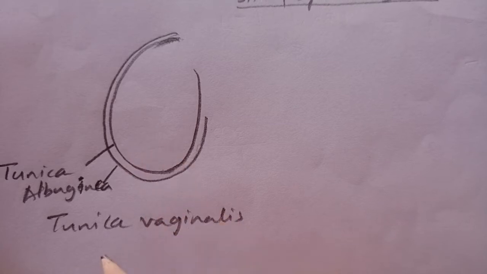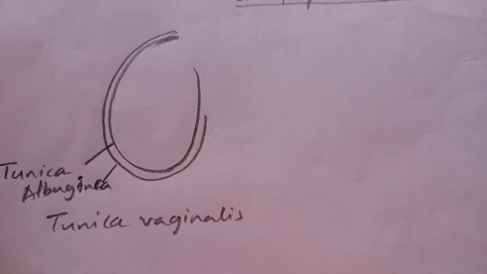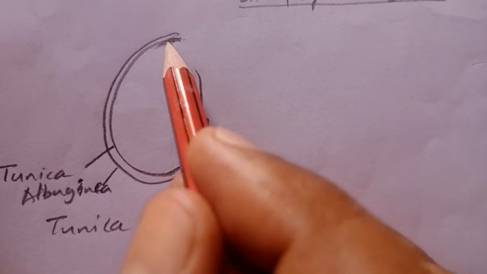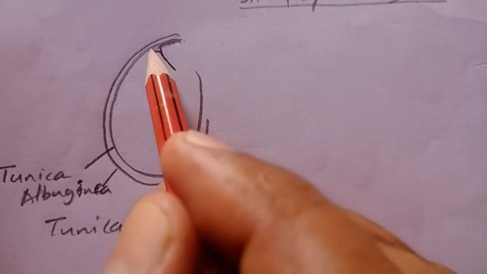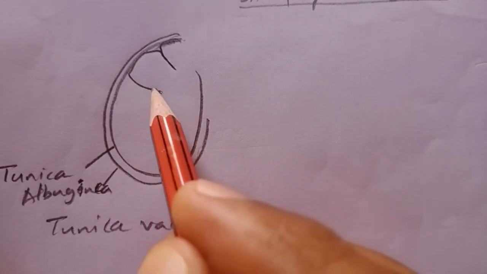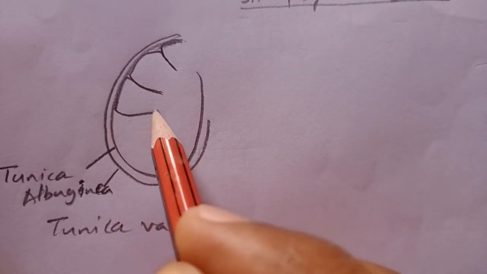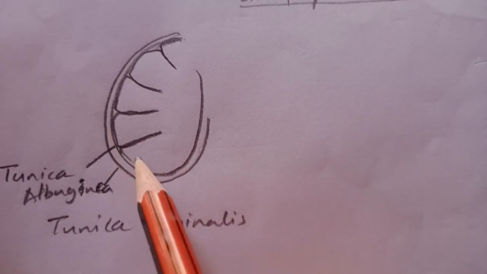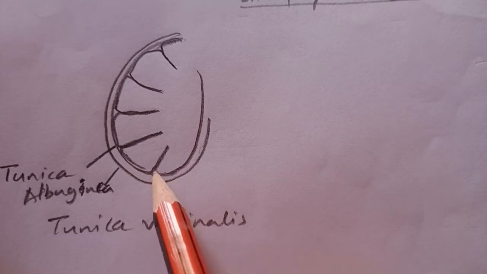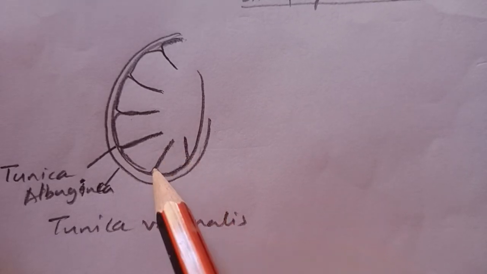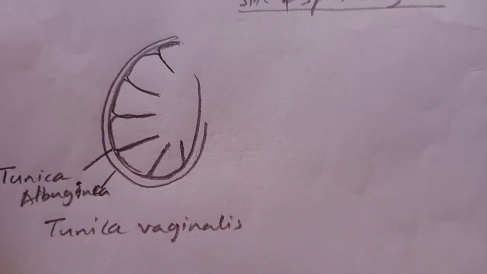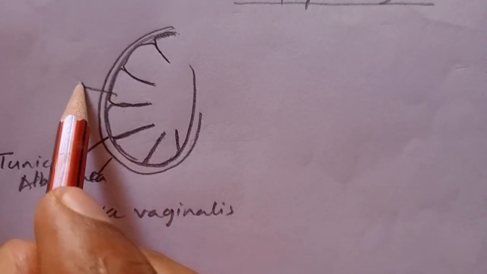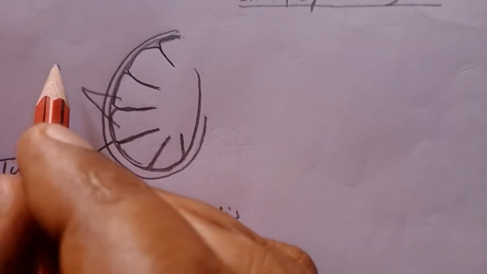These are the coverings of the testis, and this tunica albuginea folds internally and forms compartments. I'll show you some compartments. These inner foldings form the lobules. These compartments are called testicular lobules.